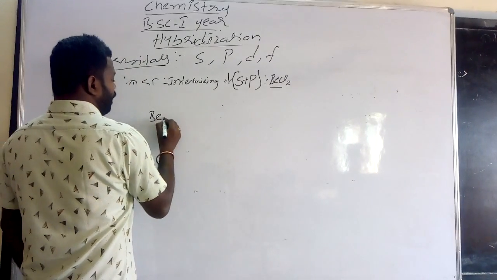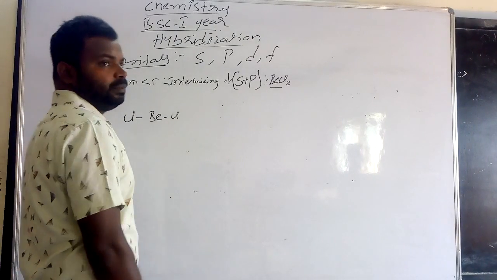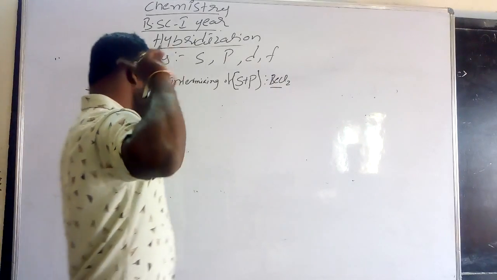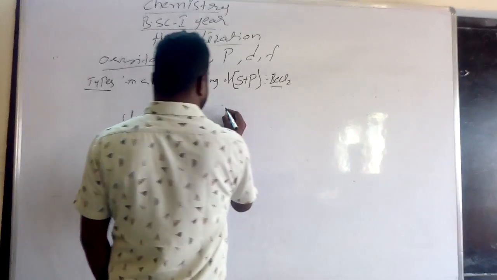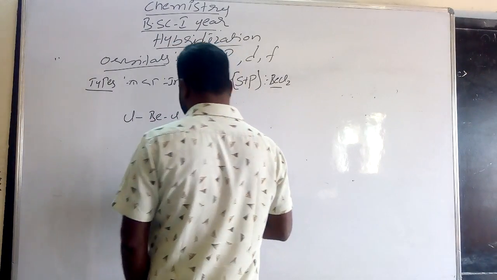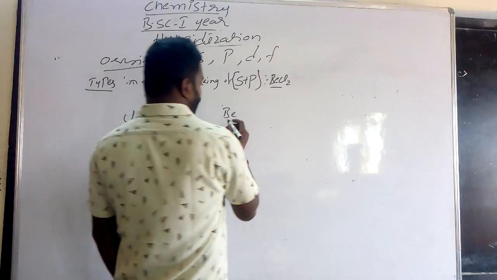Beryllium has 2 chlorines. One beryllium atom is in between the 2 chlorines. So the center atom is beryllium.